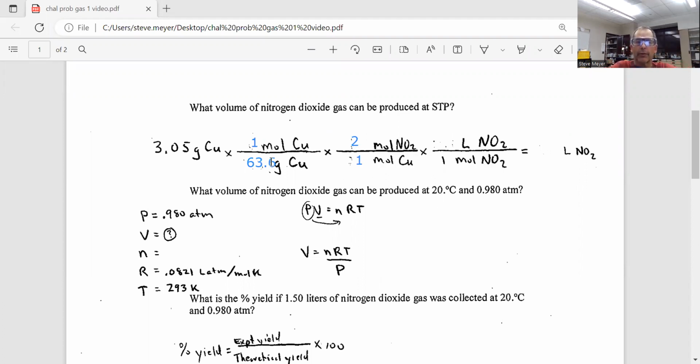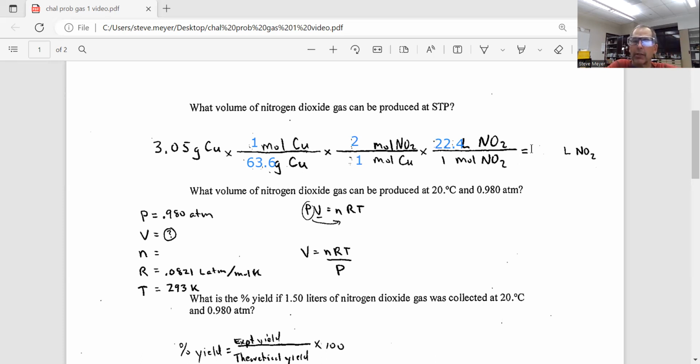So I've gone from grams of copper to moles of NO2, and 1 mole is 22.4 liters. So I'm just going to type in 22.4, and that's going to be per 1 mole, which looks like it's already written in there. So we take that, 3.05 divided by 63.6 times 2 times 22.4, and I think it ends up being 2.15 liters.